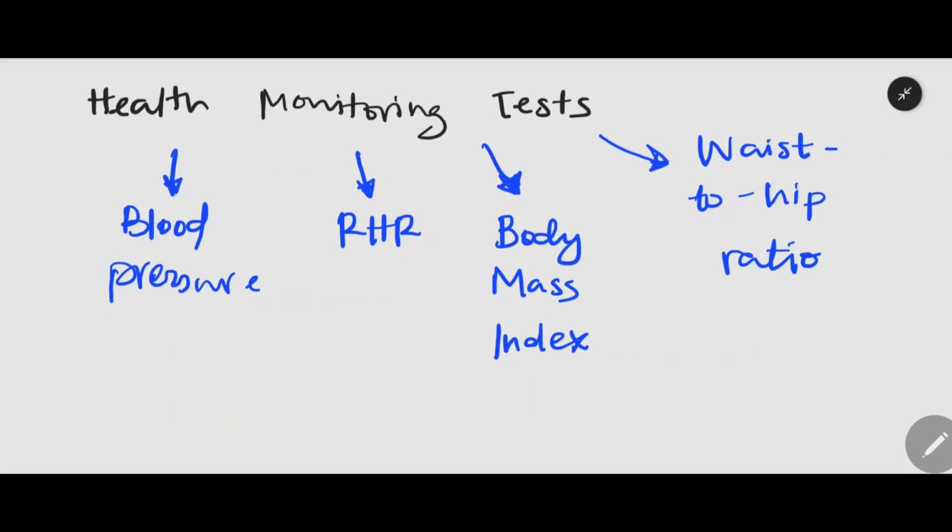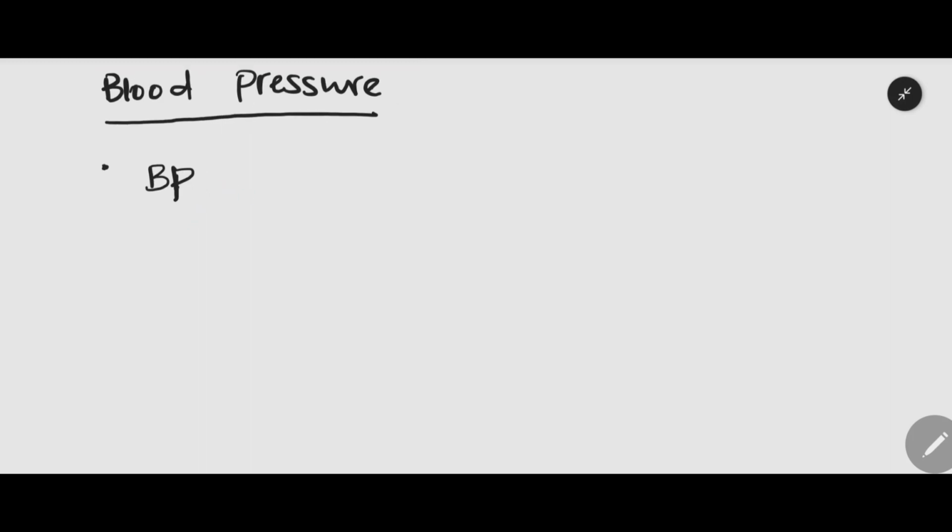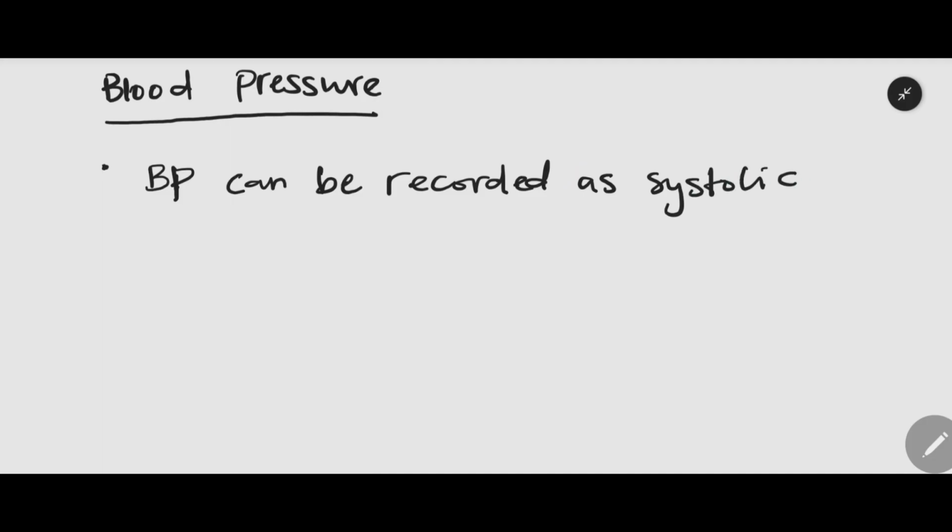And we're going to look at each of them individually now. So blood pressure, we all know what that means. Blood pressure can be recorded using two aspects. So we're going to look at the systolic and diastolic.